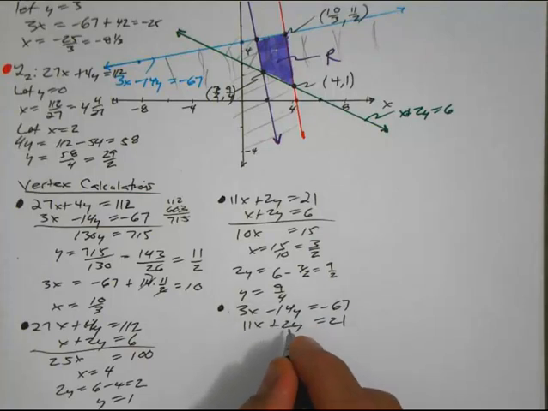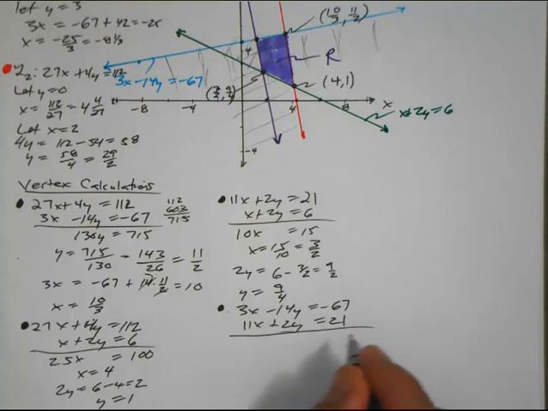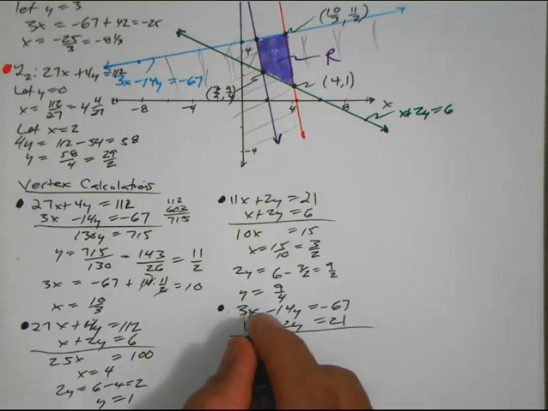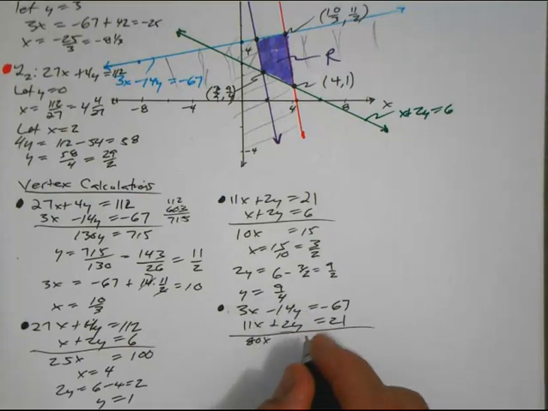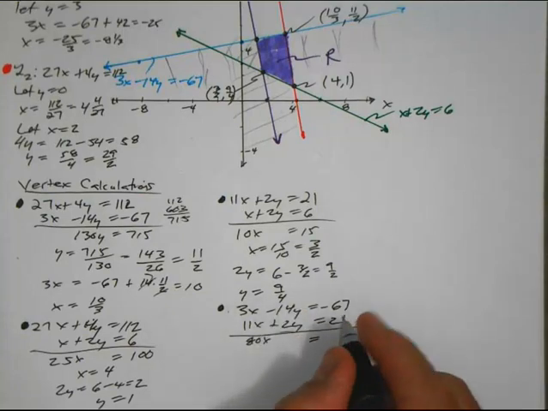We could add 7 of these to the first equation. Okay, here we go. 3x, 7 of these is 77 x's, so that adds up to 80x. The y is eliminated. Now we need to add 7 times 21. Let's see, that is 147.